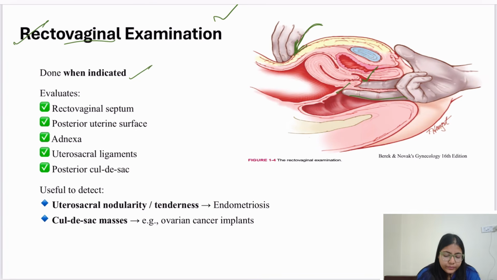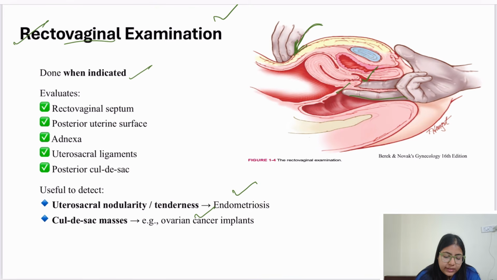You do it in case of endometriosis, in case of malignancy, to look for the parametrium, to look for the rectal mucosa, to look for the rectovaginal septum if it is involved in cases of malignancy or not. In endometriosis you may find nodularity, so that is suggestive of endometrial implant. So in cases where you are getting information by doing the examination, then only you do it, otherwise you don't.